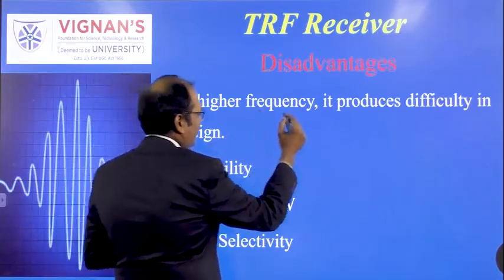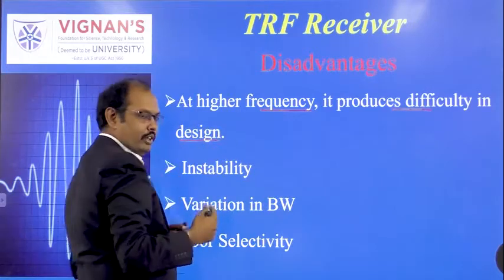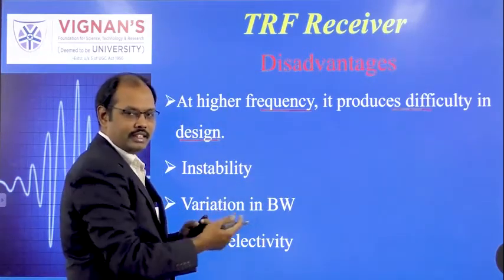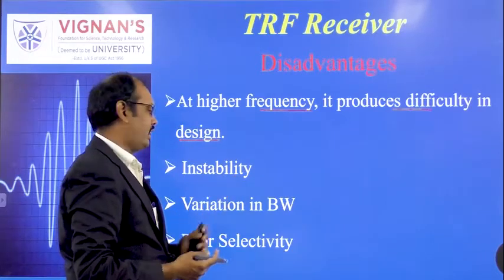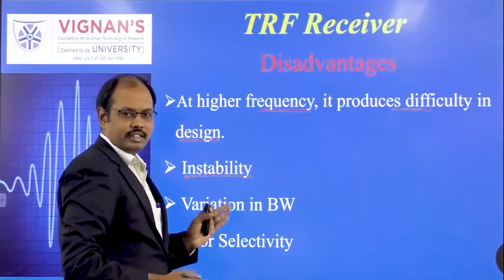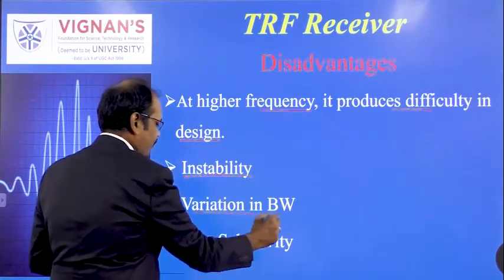At higher frequency it produces difficulty in design. If you go for a frequency beyond 1640 kHz, it is difficult to design this TRF receiver. Instability: the system is not a stable one, and there is a variation in bandwidth.